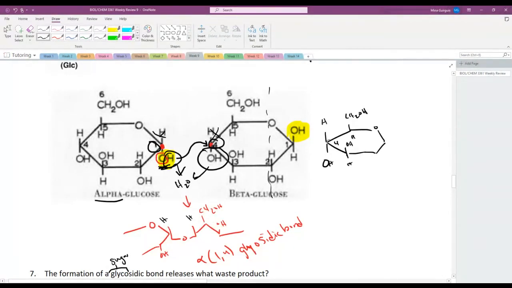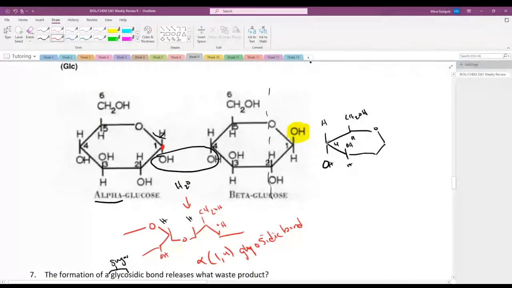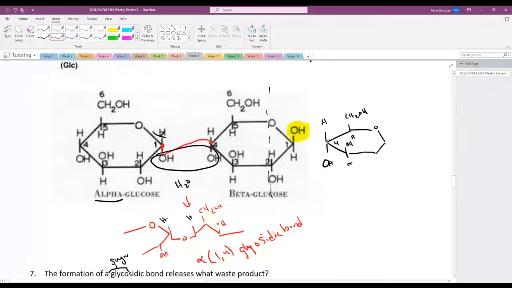So if you notice, effectively the condensation reaction that happens is these two come together, the two alcohols, and they leave you with the oxygen connecting to this carbon, right?